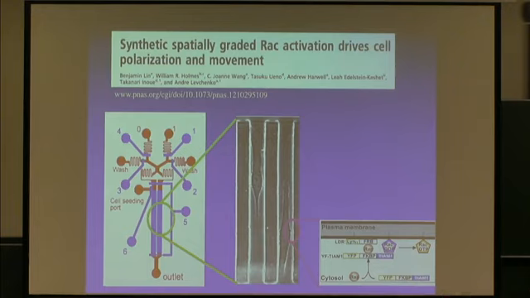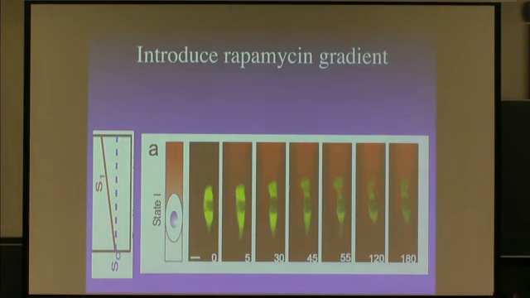Now, the details of how they did that, you'll have to read in their paper, but all I can tell you is that essentially you're in the driver's seat controlling what RAC is doing. So they can very accurately control the gradients of this small molecule rapamycin. Here's a cell inside one of these microfluidic devices, and you see the red dye showing that there is a gradient of something flowing across.